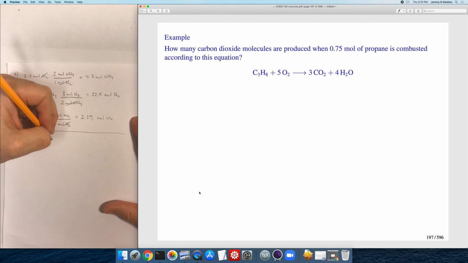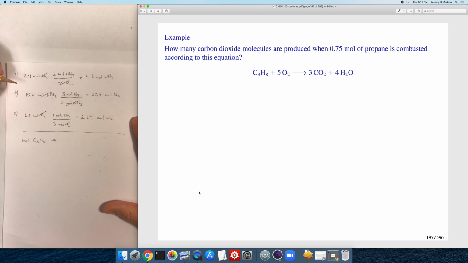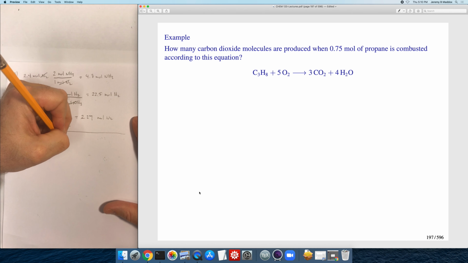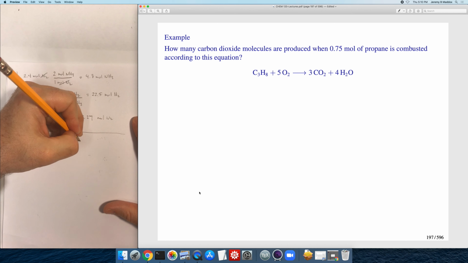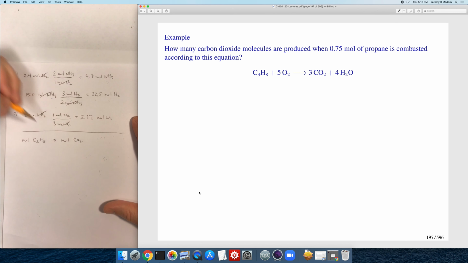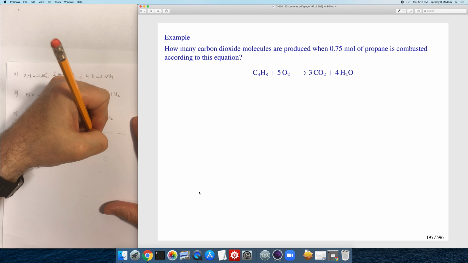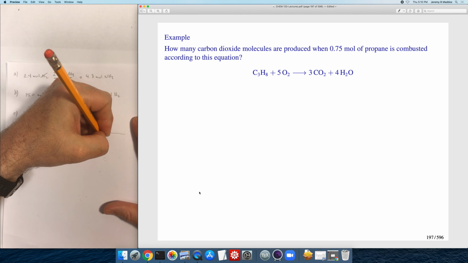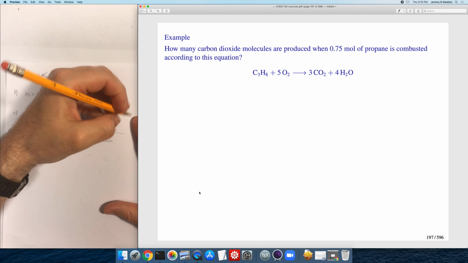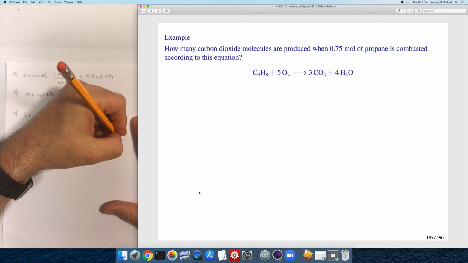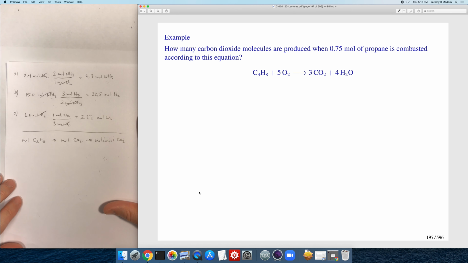We are going to convert that to moles of carbon dioxide. Okay, so that's the simple mole-to-mole conversion using the stoichiometric coefficients. And then we're going to go from moles to molecules of carbon dioxide. And that's a conversion factor that we've used previously, right? That one involves Avogadro's number. So let's work through this.